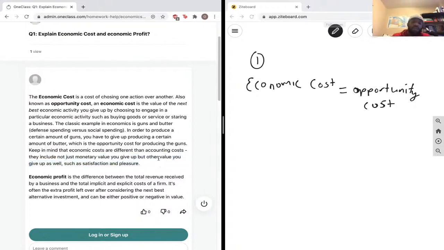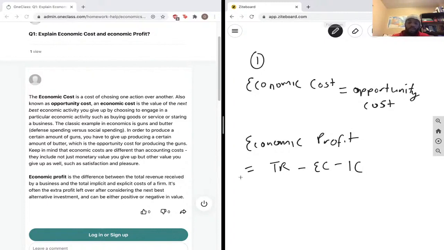And part 2 of this question is economic profit, which equals total revenue minus explicit costs and implicit costs.